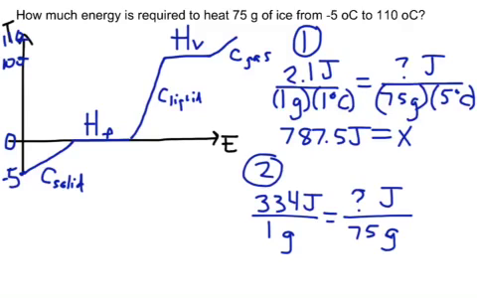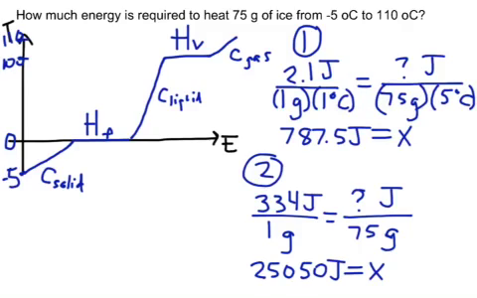Again, we've got a proportion, one fraction equals another, so we're going to cross multiply. 334 times 75 equals 1 times x, where x equals, and I got 25,050 joules. Again, I'm going to just hang on to that number and not round until I get to the end.